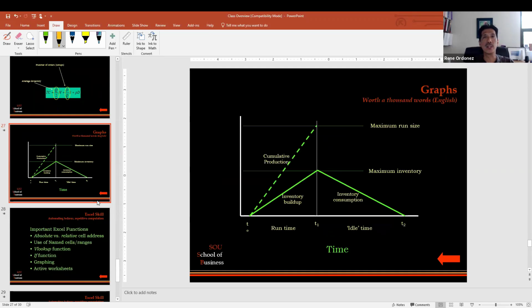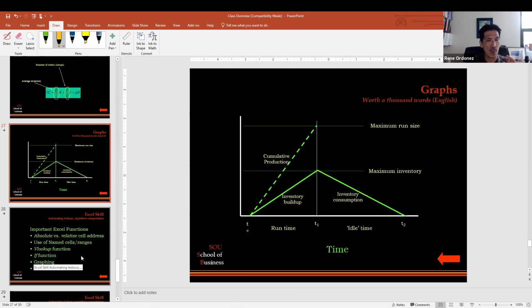This is something that you will see in inventory management. We will try to explain what the slope of a line represents, okay, and relate this to inventory management.